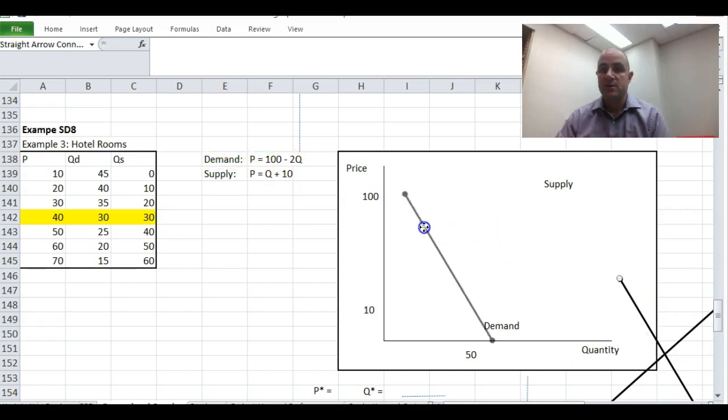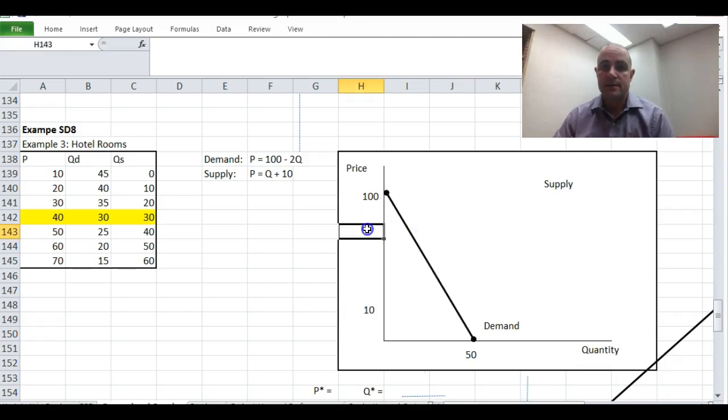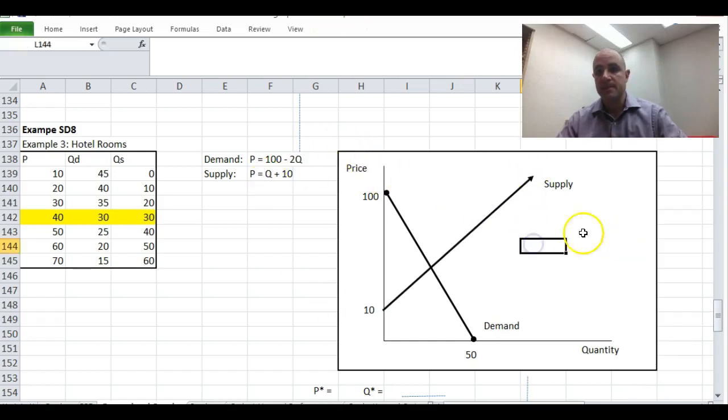If we graph that here, you can see where it crosses the price axis is at 100. When you set price to 0, you cross the quantity axis at 50. Then you can put in the supply curve here, which crosses the price axis at 10 and goes up.